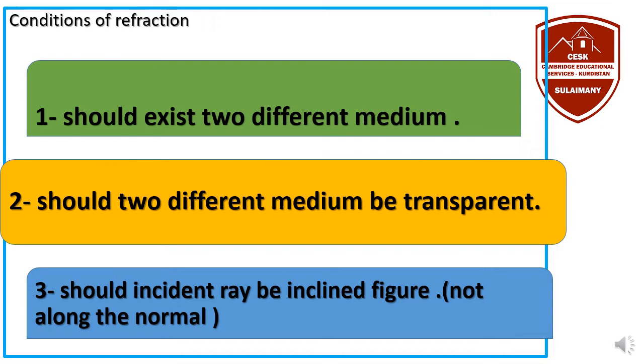Because suppose you don't have transparent mediums, how can we see the refracted ray and the incident ray? They should be transparent.